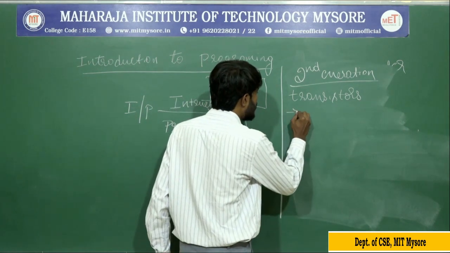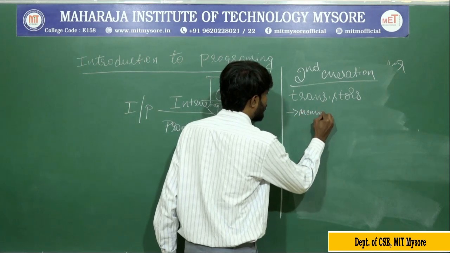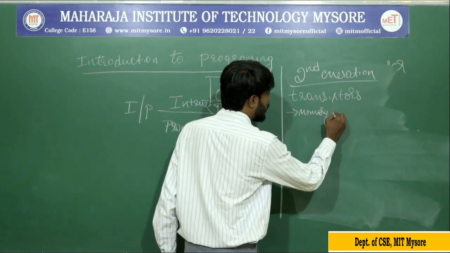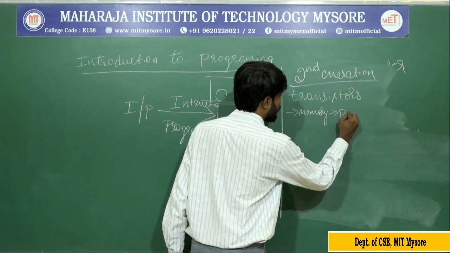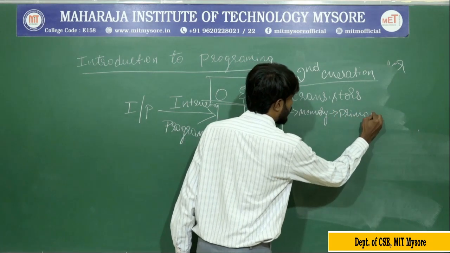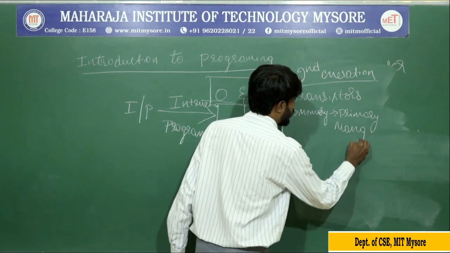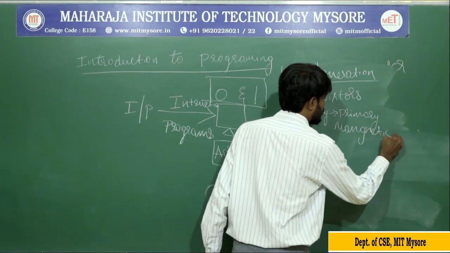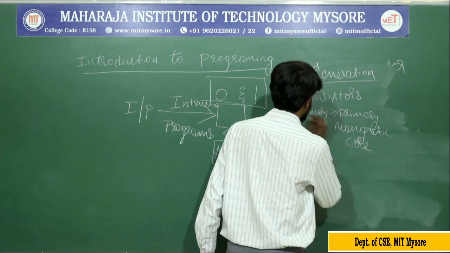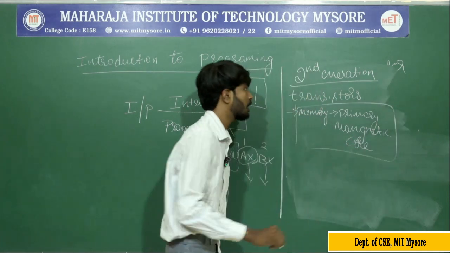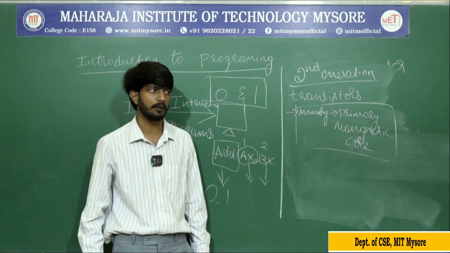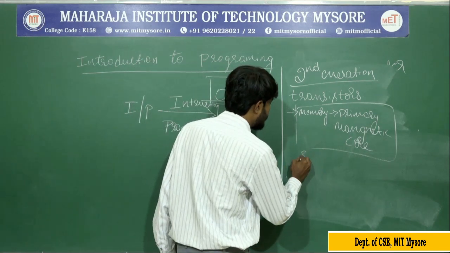So the primary memory is made up of magnetic core.